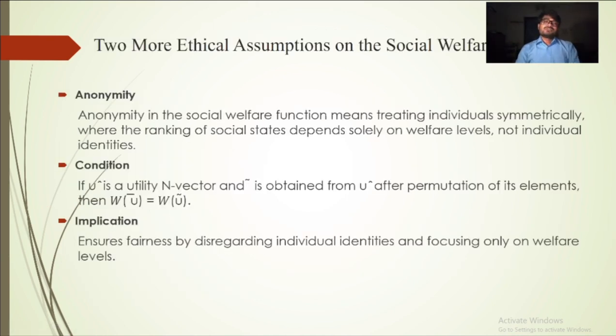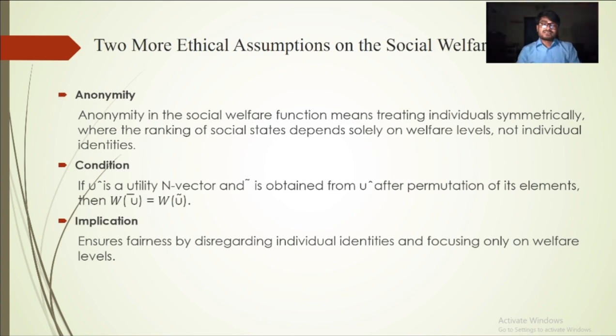Now we'll talk about two more ethical assumptions on the social welfare function, which is anonymity. Anonymity in the social welfare function means treating individuals symmetrically, where the rankings of social states depend solely on welfare levels, not individual identities.